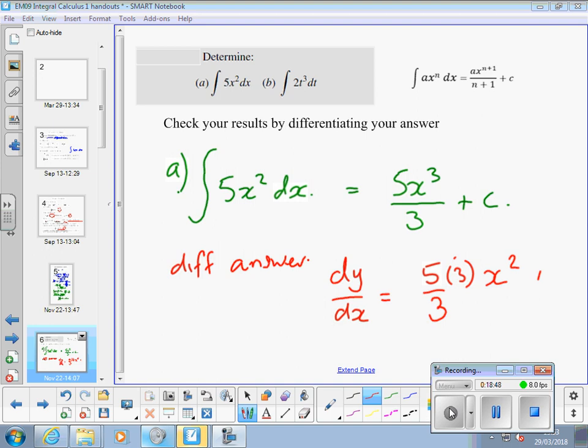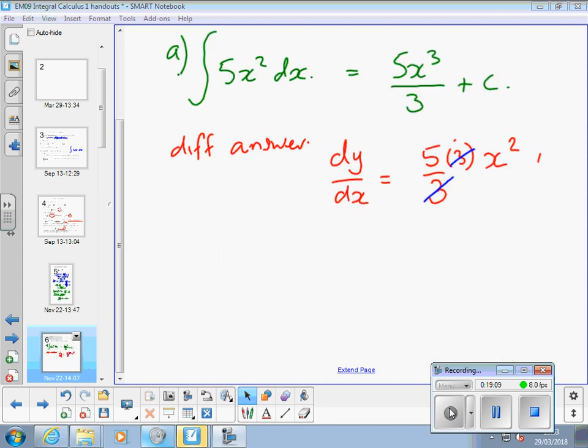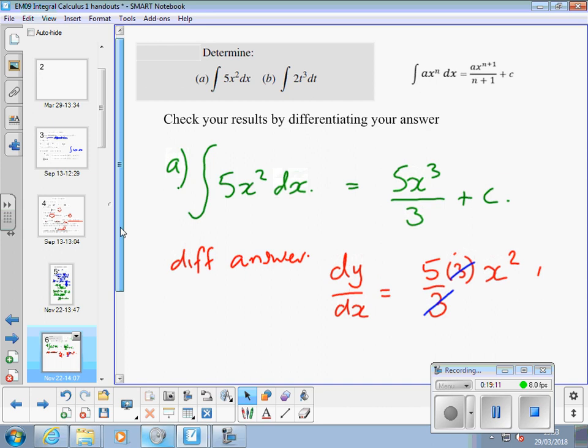When you differentiate, these two cancel. What we started with, 5x squared. So differentiating gets us back. Go to the next one.